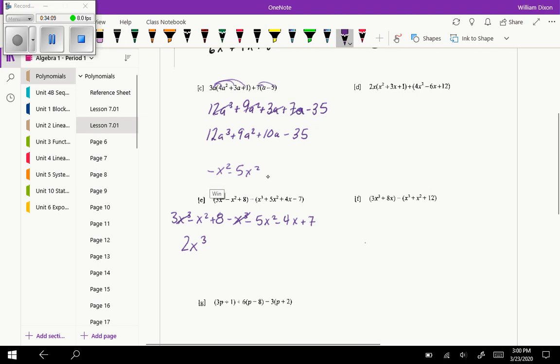Plus, minus, so that's going to be negative 6x squared. Let's cross off my squares. I have nothing with x raised to the 1 power except negative 4x. And then I combine my 8 and 7, and that is 15. And that's my answer. And it's in descending order.